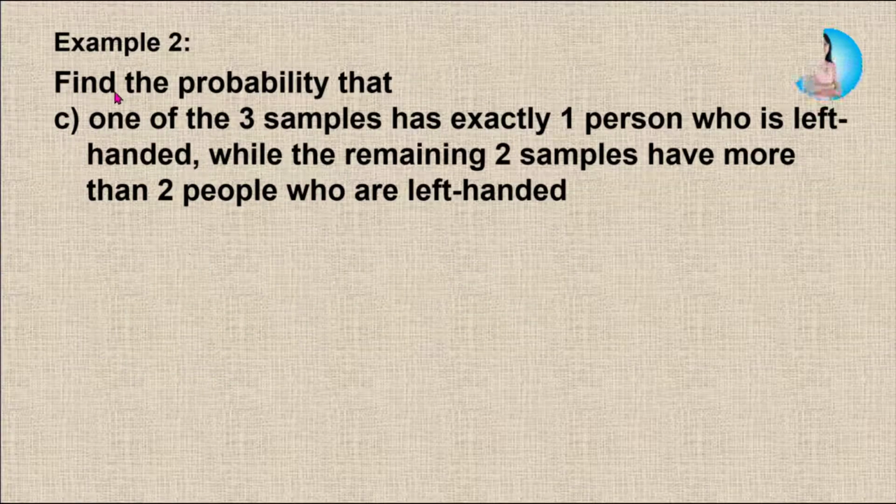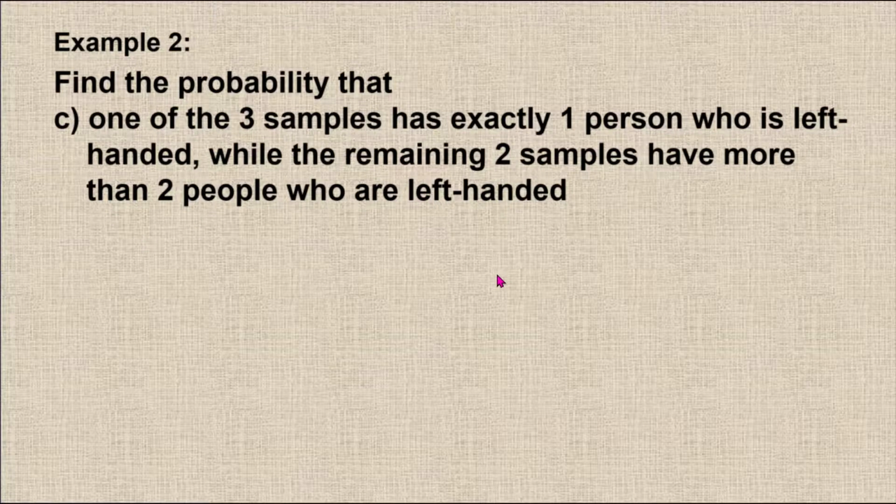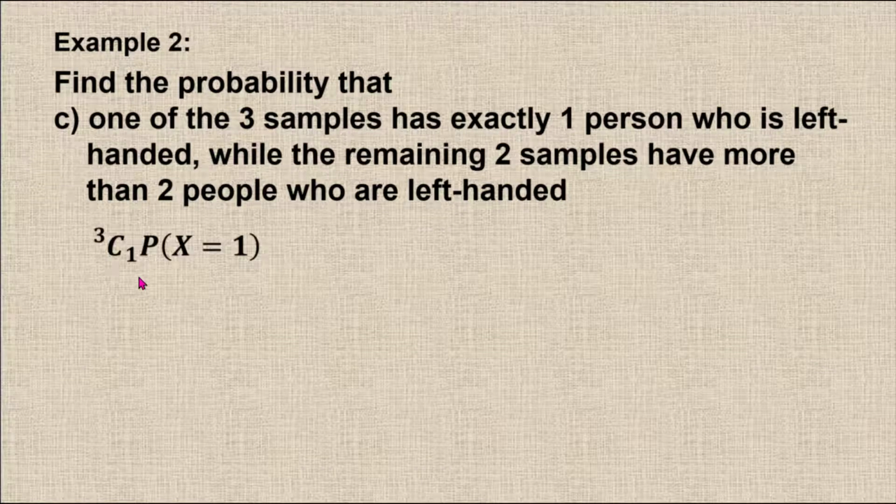Question C. Find the probability that one of the 3 samples has exactly 1 person who is left-handed, while the remaining 2 samples have more than 2 people who are left-handed. Since the question is finding the probability that one of the 3 samples, and we do not know which sample, then we randomly select one by using 3C1.